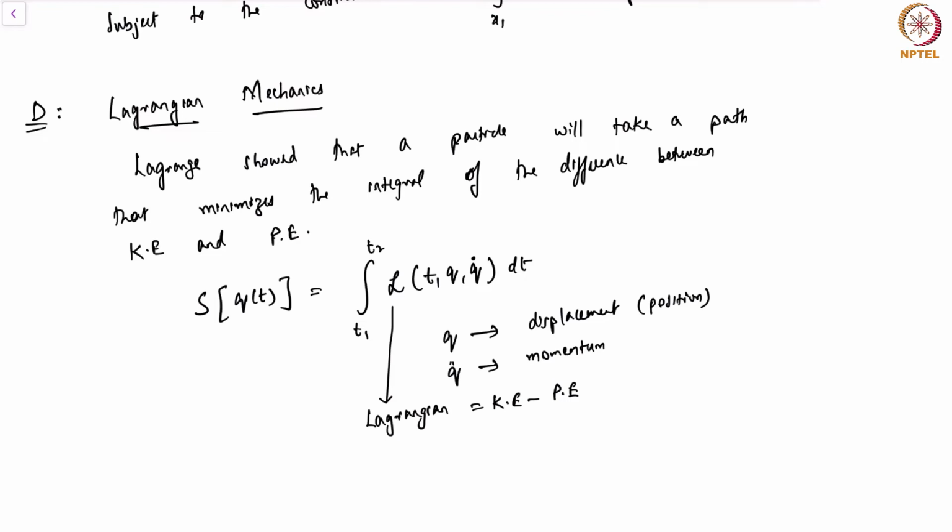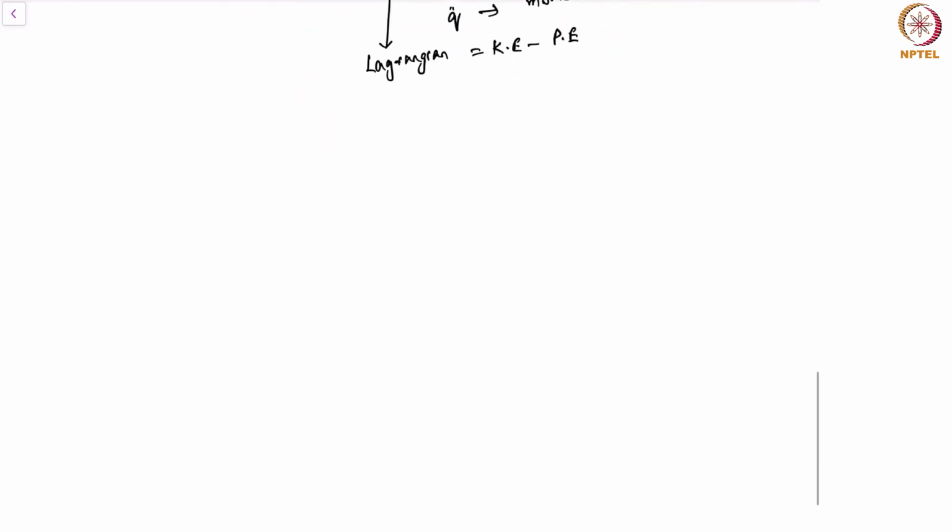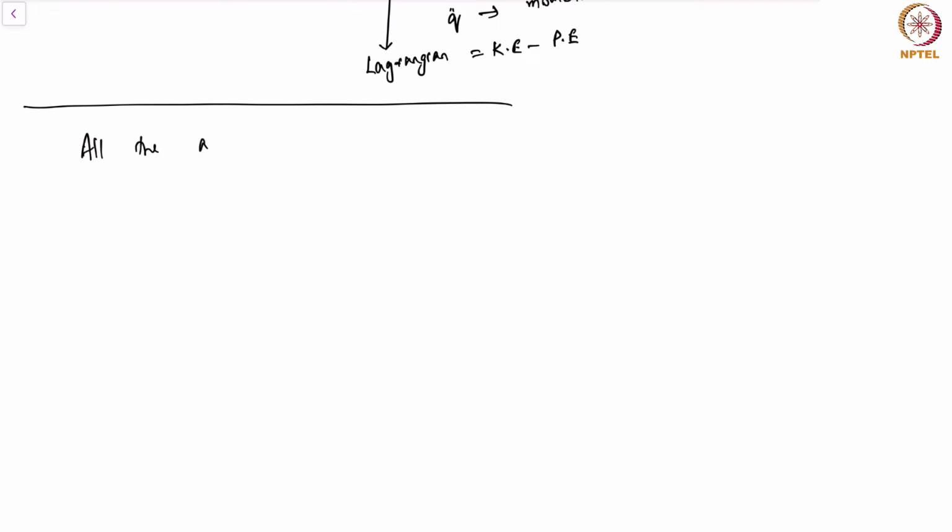So in all these problems, something is common. What is common? All the above problems can be written in the form of some J, which is a functional. This is a functional.